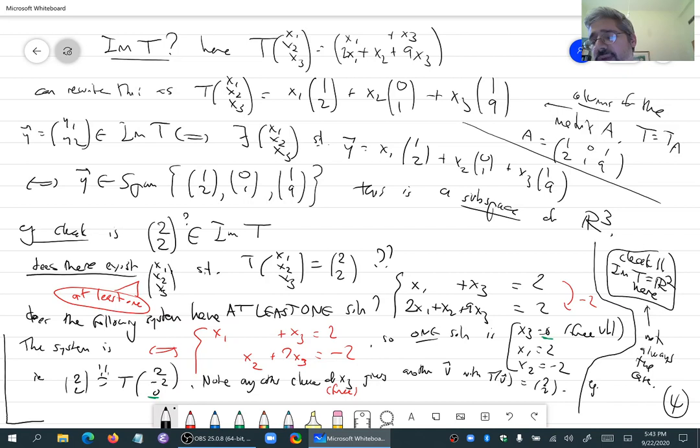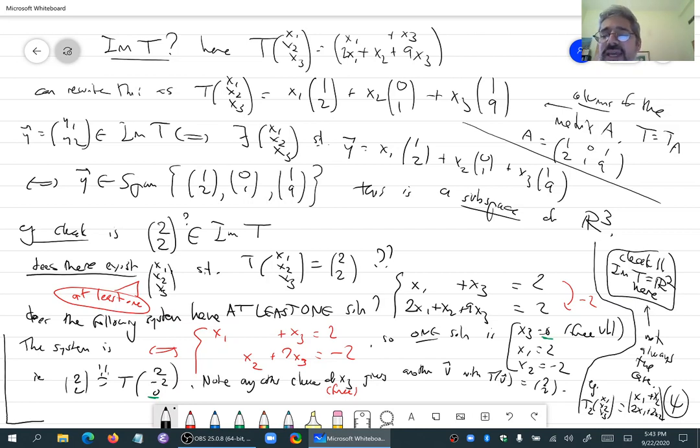For example, if T of x1, x2, x3 were, maybe we'll call it not T but T2, some new transformation, how about x1 plus x2 and 2x1 plus 2x2, then you see the second coordinate is always twice the first one.